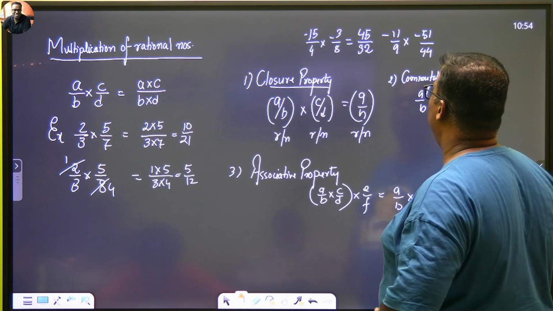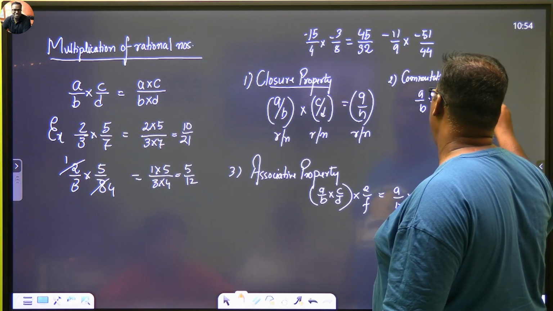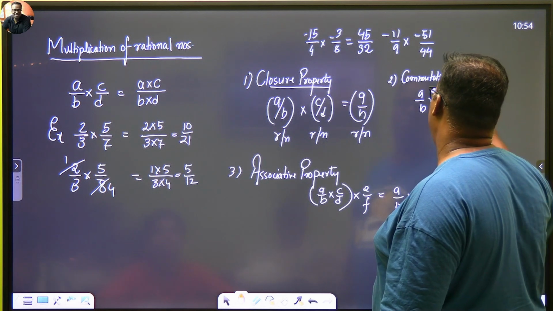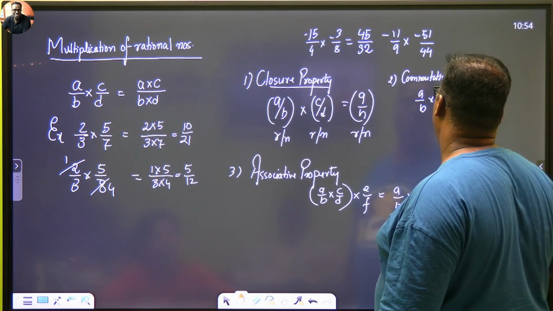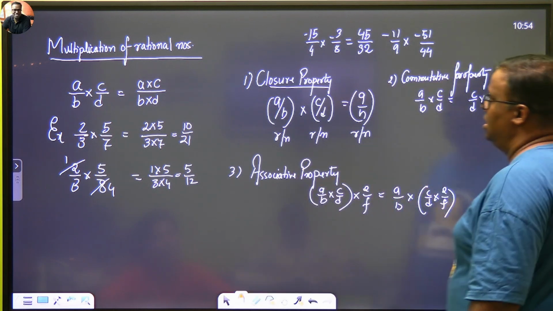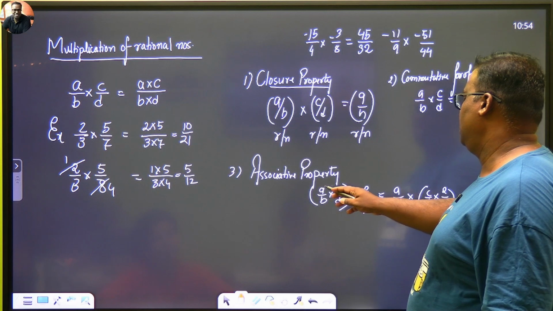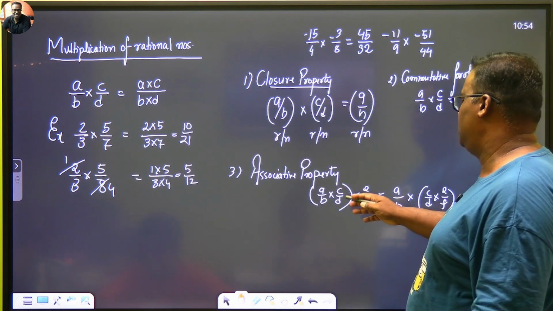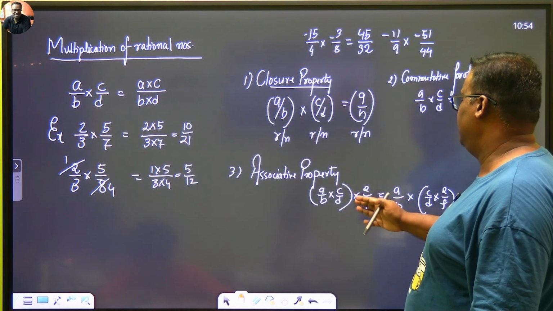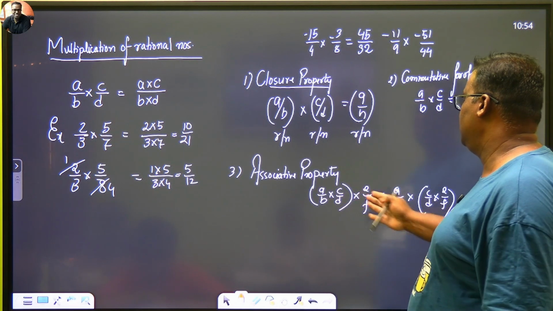Then we come to the commutative property, which says Monu into Sonu is equal to Sonu into Monu. So A by B multiplied by C by D is C by D multiplied by A by B. Associative property is how you handle the order. If A by B is to be multiplied first with C by D, and thereafter you should multiply E by F, it doesn't make a difference as long as everything is multiplication.